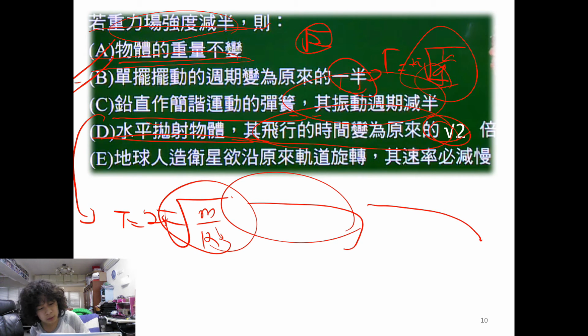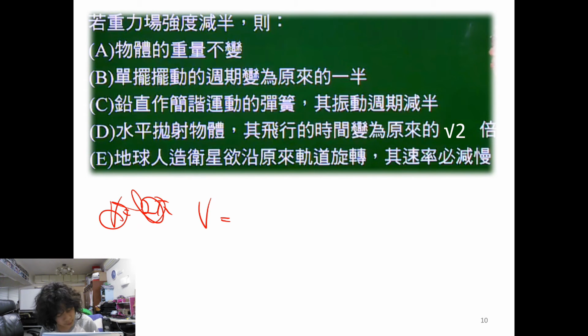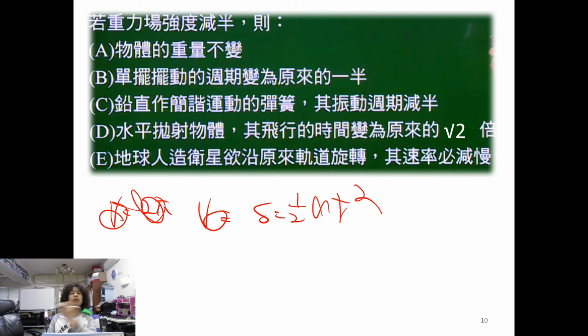Wait a minute, let me clear it. Like that, okay. So remember, s equals 1/2 at². If we start from rest and fall down, now it's this. This distance is the s, and it's always the same.